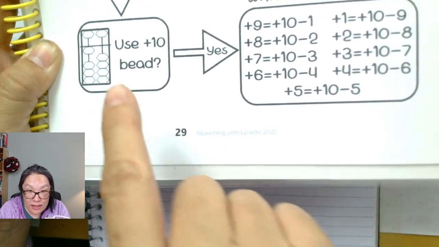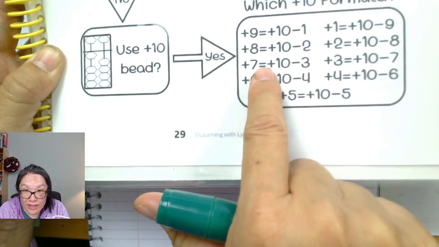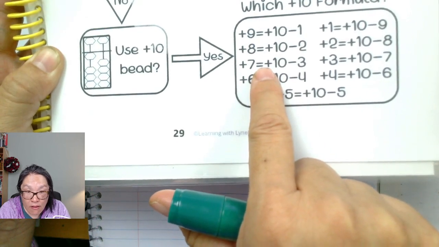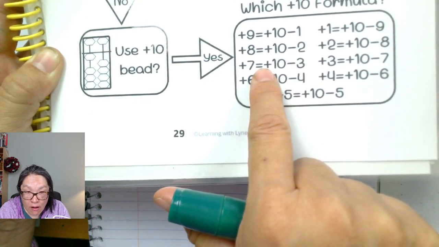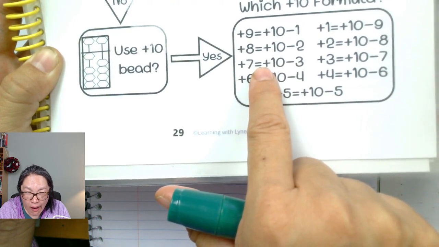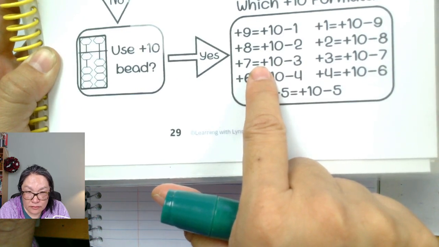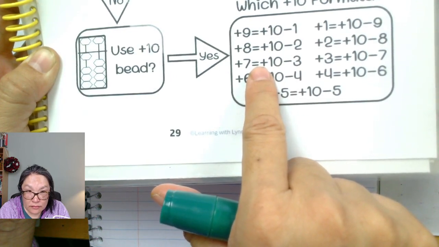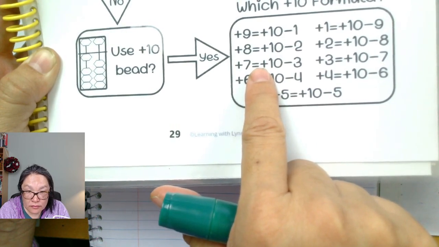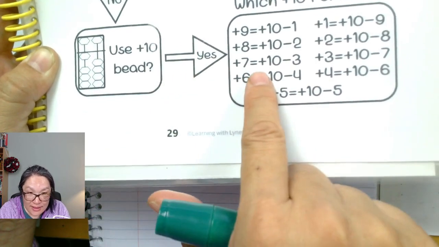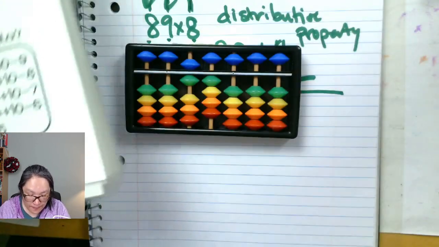What is the formula to add the 7? Thank you, Pancho. Yes. Plus the 10 minus the 3.